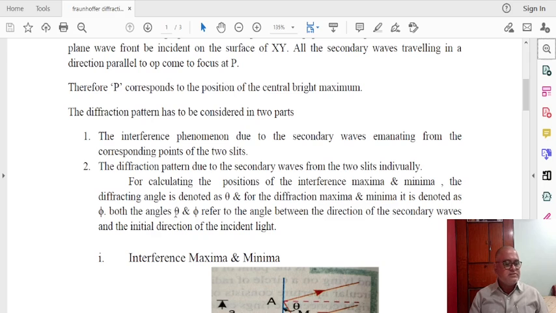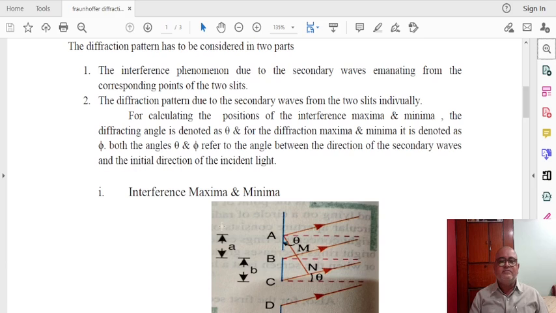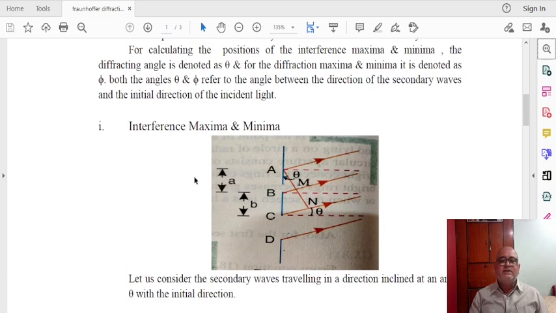Both the angles theta and phi refer to the angle between the direction of the secondary waves and the initial direction of the incident light.